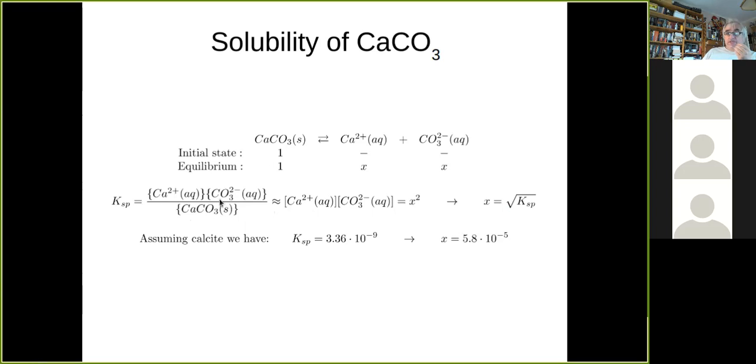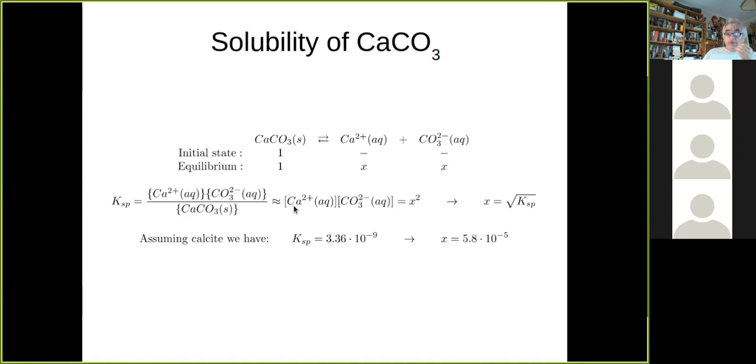So if you have, say, 2 moles per cubic decimeter of calcium ions, then you should calculate the activity. So 2 moles per cubic decimeter divided by the standard state, that is 1 mole per cubic decimeter. That means it will be the number 2 here. 2 divided by 1 is 2.